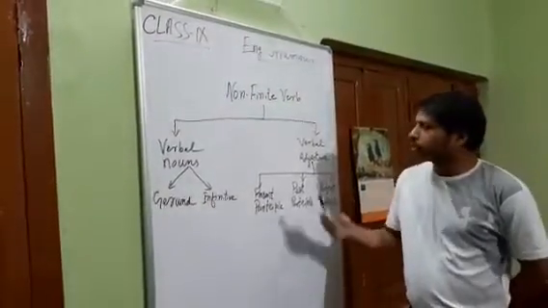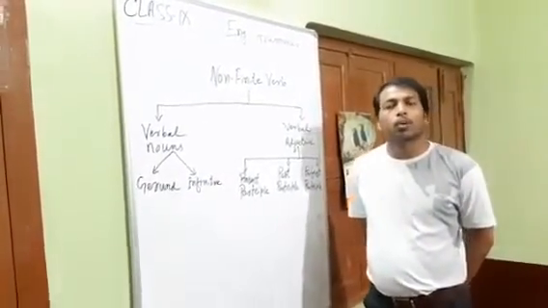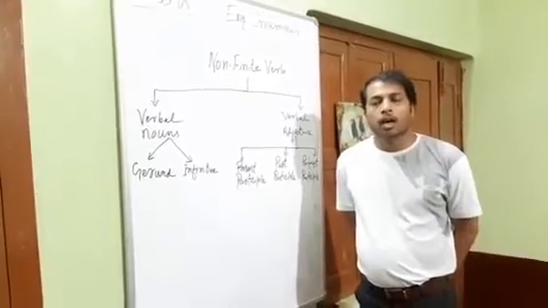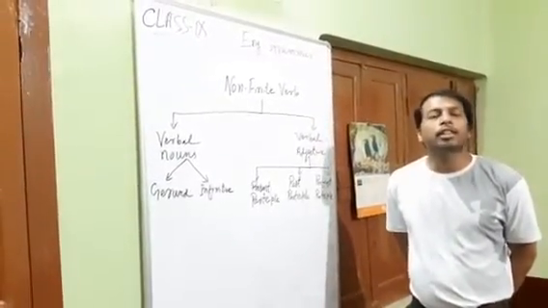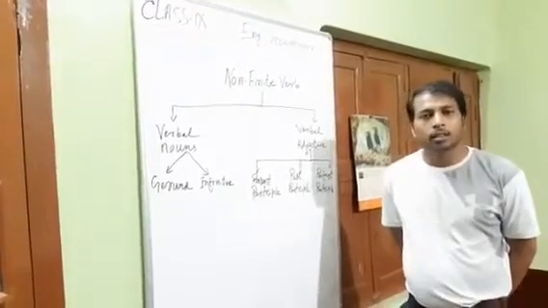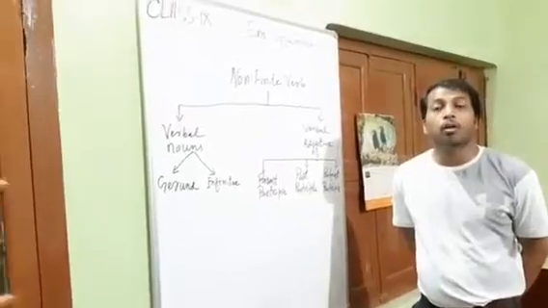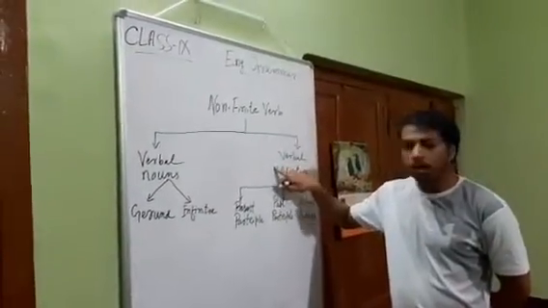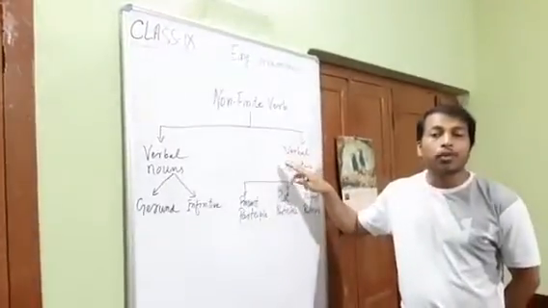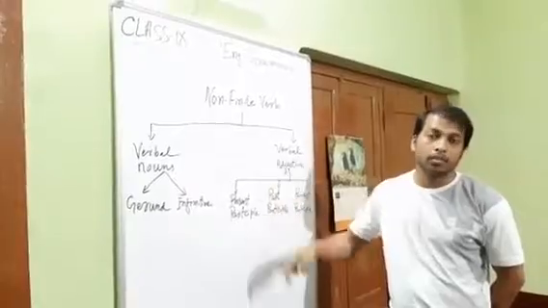And verbal adjectives. Verbal adjectives are those words which don't function as verbs. Rather, they function like an adjective. They do the job of an adjective. Or we can say these words have the force of adjective in them.